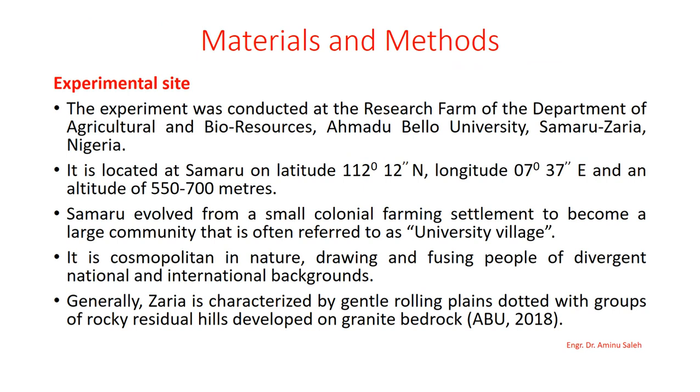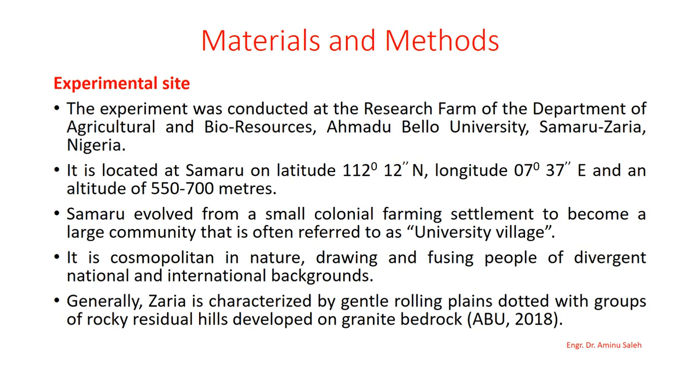Materials and methods. The experimental site, first of all: we conducted this research in the research farm of Ahmadu Bello University Zaria under the Department of Agriculture and Bioresources Engineering. Samaru is located on the outskirts of Zaria, and it was initially established from the colonial system, and gradually it became a cultural center of the north, which is referred to as University Village.